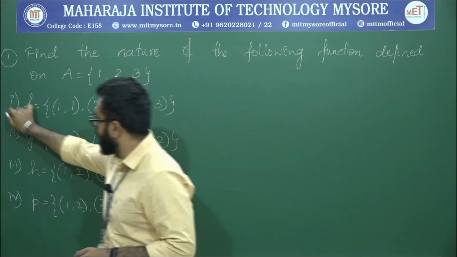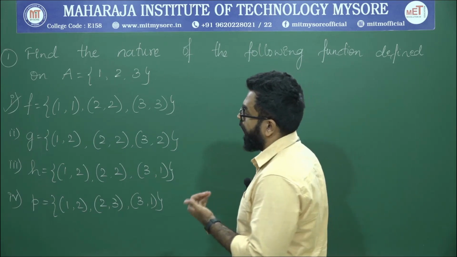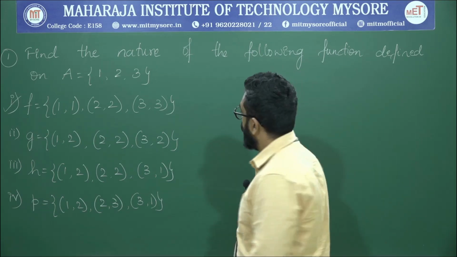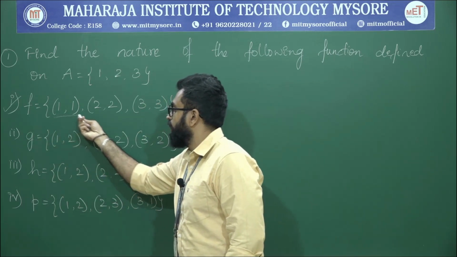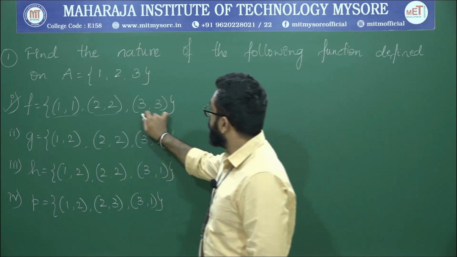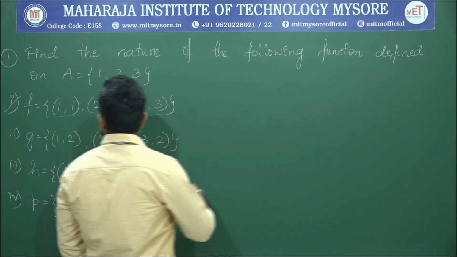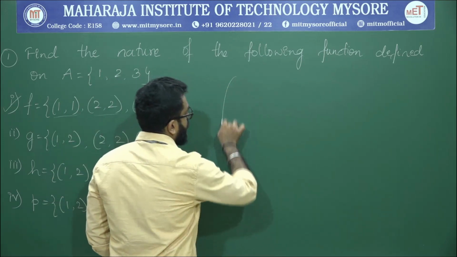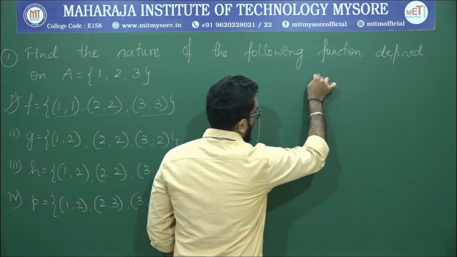Now let us consider the first function here, the function named f defined on the set A. Here the function f consists of the ordered pairs (1, 1), (2, 2) and (3, 3). For ease of identification of the nature of the given function, we will write an arrow diagram now.